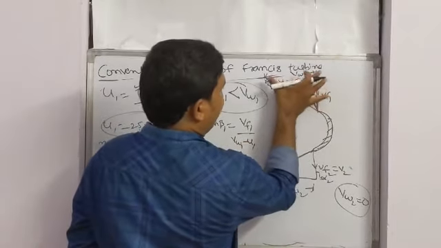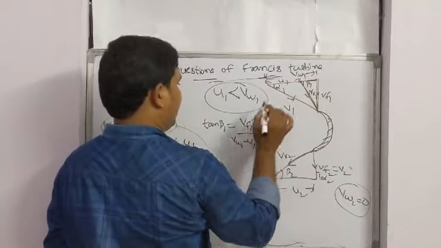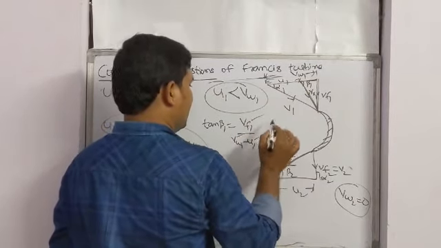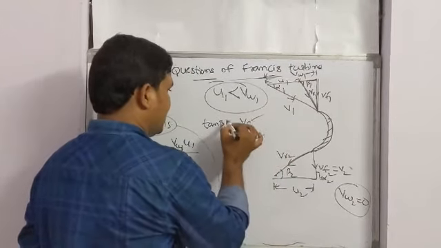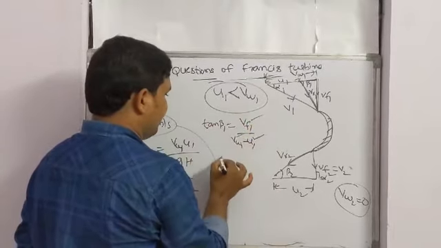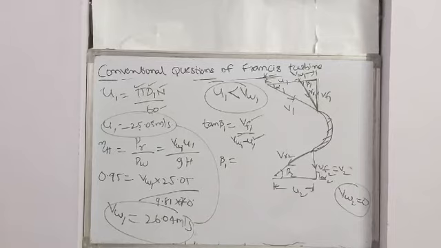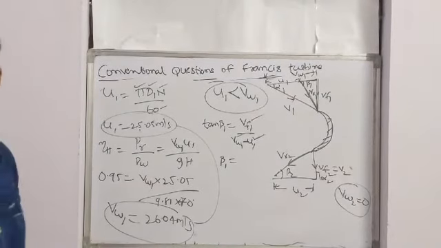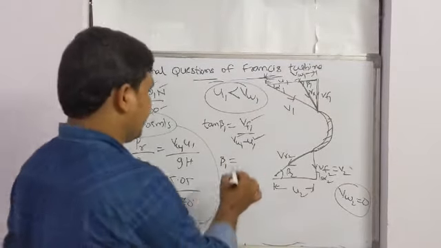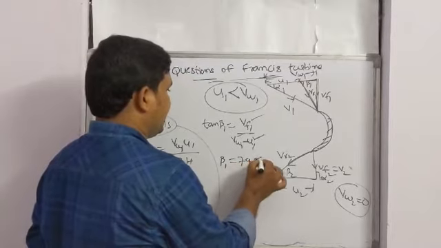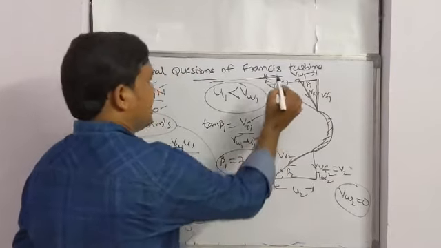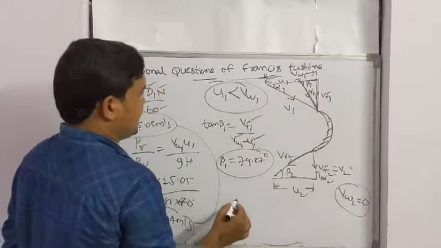Vf1 we know, Vw1 we know, and u1 we know. So by substituting all of these, beta 1 we will get as 79.87 degrees.